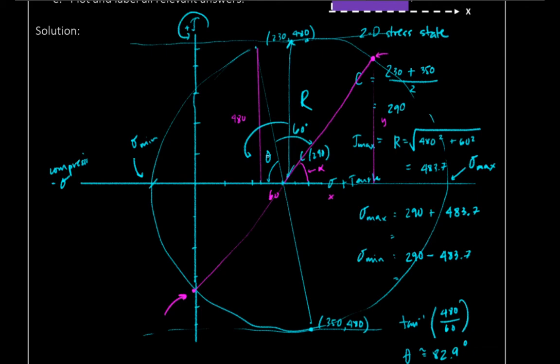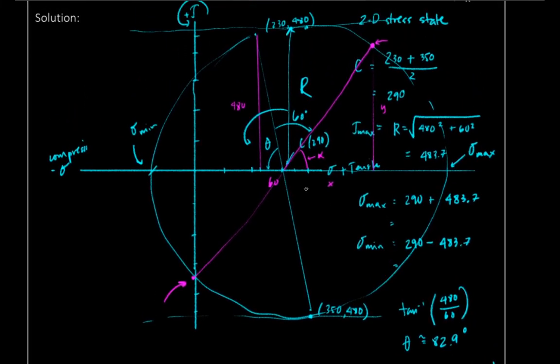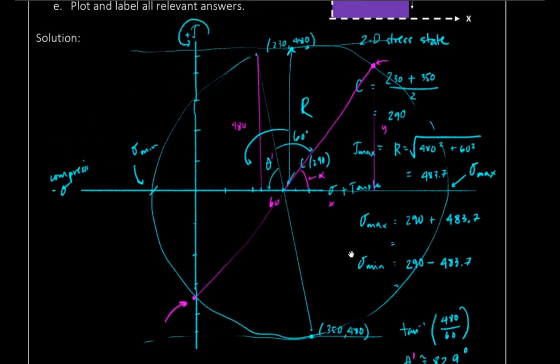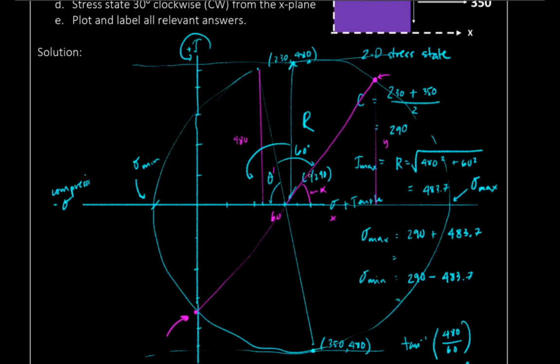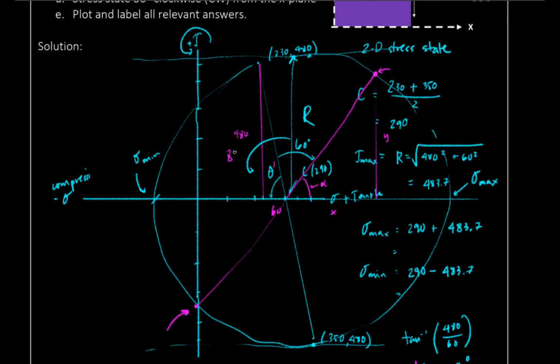Okay, so we already know theta here, which is 82.9, and the more accurate notation in textbooks actually uses theta prime to signify that it is the angle drawn in the Mohr circle. So if our theta prime is 82.9, and we have 60 degrees here, and this is a straight line, so it should total 180 degrees.